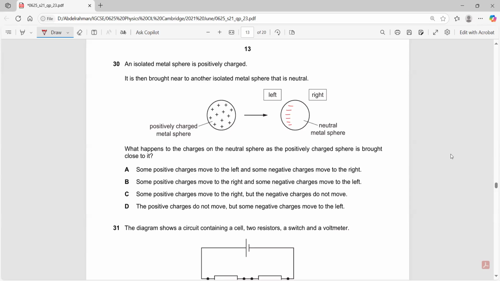Because the positive charges are the protons inside the nucleus, and the protons inside the nucleus do not move. Only the free moving electrons can move because this is a metal sphere. So the negative charges move to the left. You can actually cancel out A, B, and C, right? Positive charges do not move.